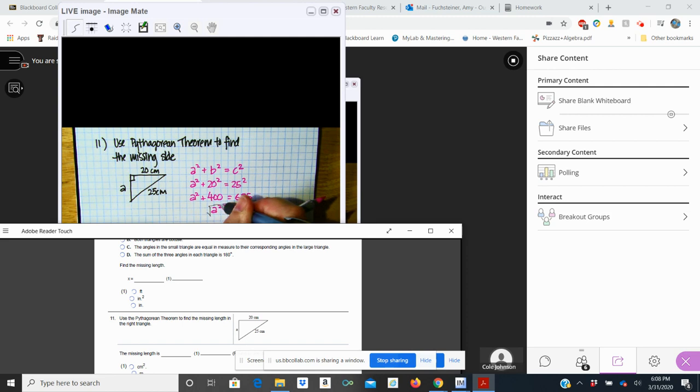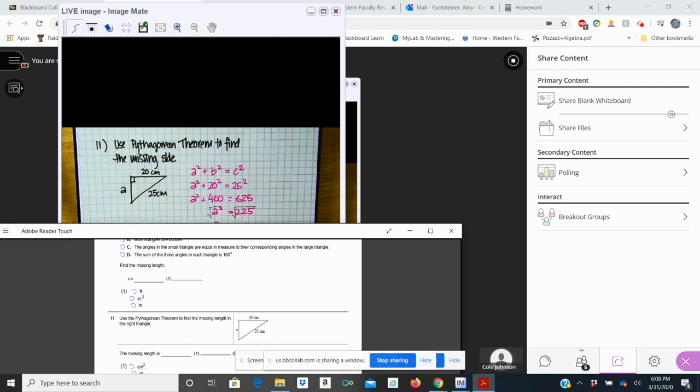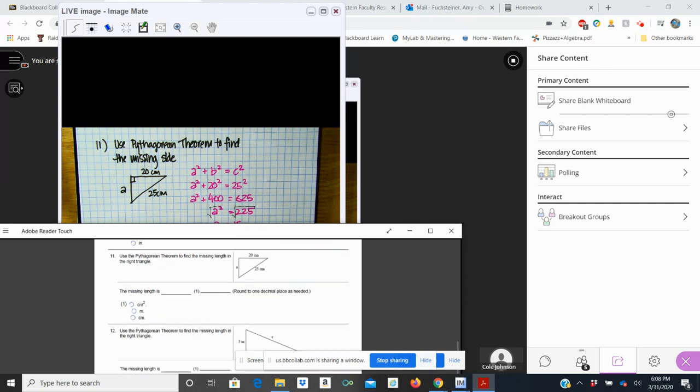And now I need to take the square root on both sides. Square root of a squared is a. Square root of 225 is 15, and this would be centimeters as it is just a length.